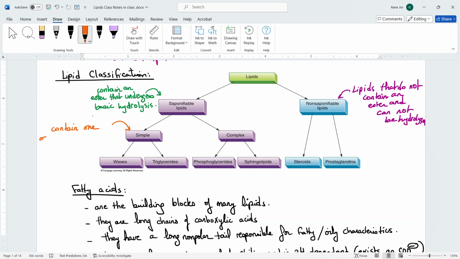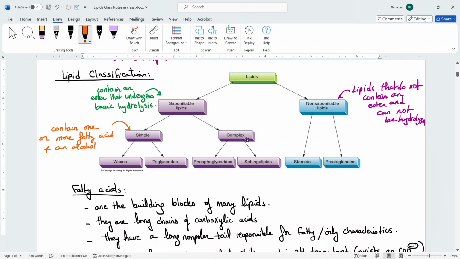In this case, the fatty acid and the alcohol will react with each other, and you will make a simple lipid. Two types of simple lipids: we have waxes and we have triglycerides.